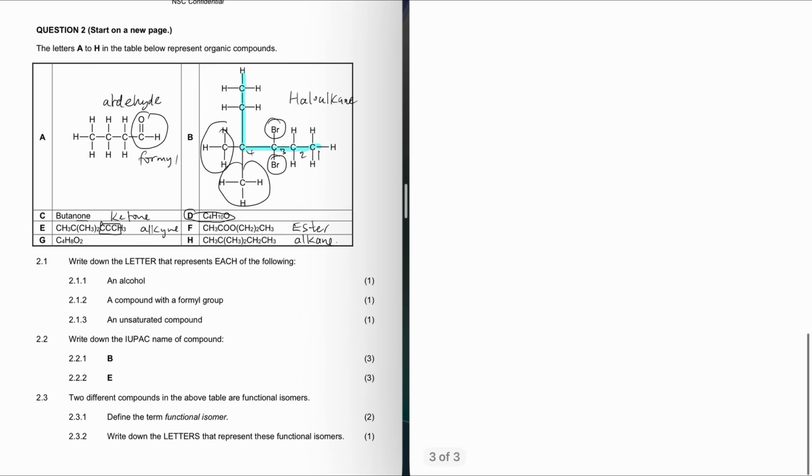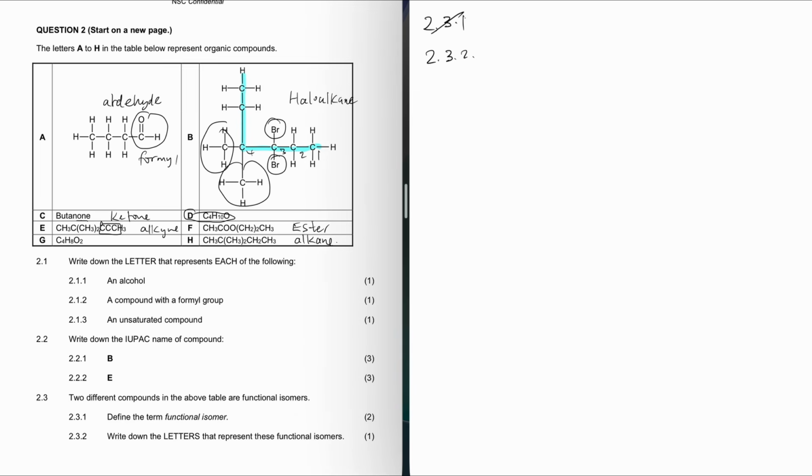Now moving on to question 2.3.1, 2 different compounds in the above table are functional isomers. So remember, functional isomers have different functional groups but the same molecular formula. So define functional isomer, we find out that. 2.3.2, write down the letters that represent these functional isomers.